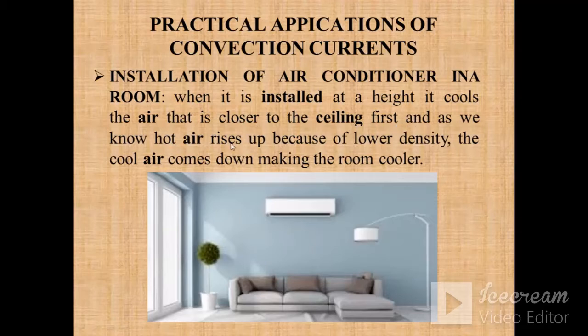Now when the air is cooled, it becomes denser, so it comes down. Whereas the warmer air, which has lower density, rises up, and the cool air which is coming down makes the room cooler. So this is why air conditioners are installed at a height inside a room.